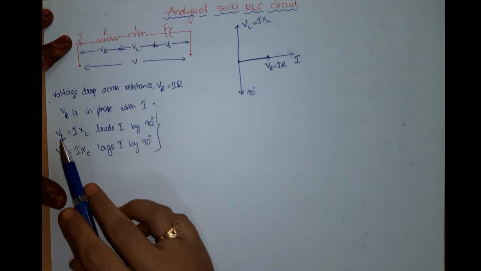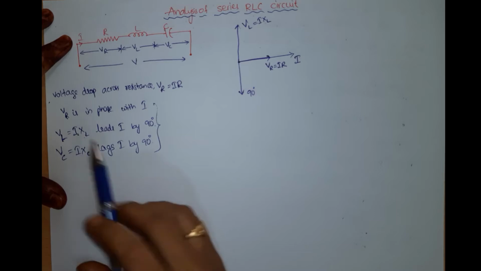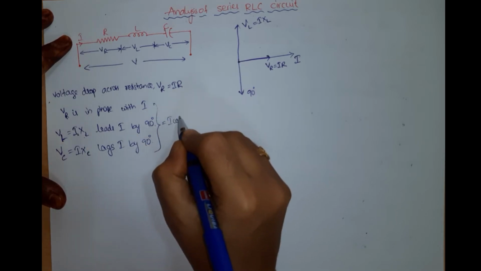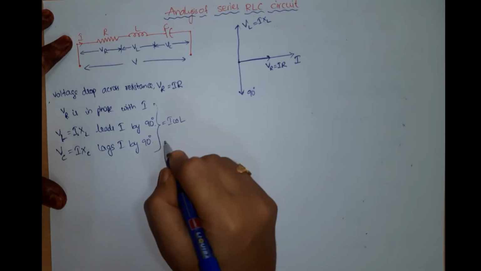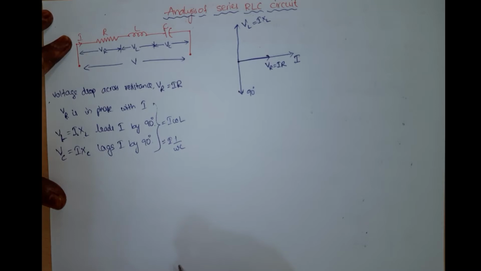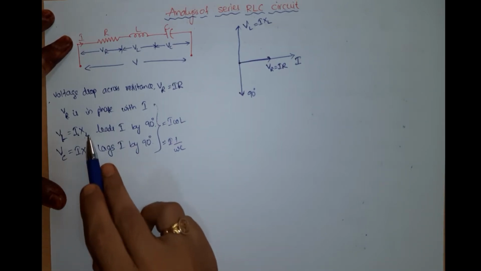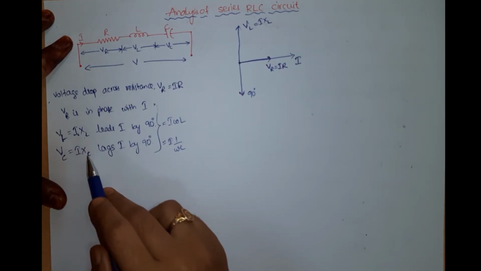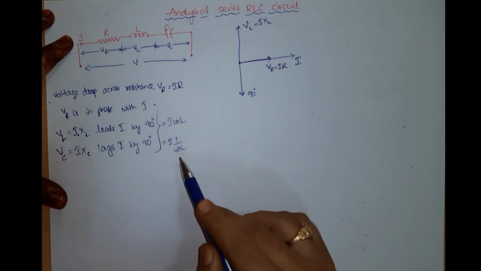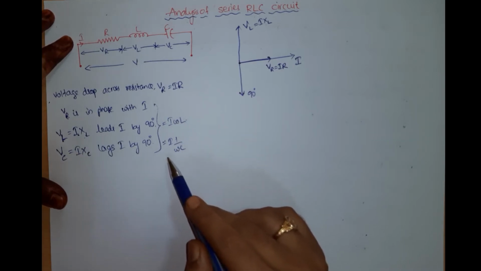So I know that VL is IXL, that is I into omega L. This is I into 1 by omega C. So these two magnitudes may be different, they may not be the same. The value of VL or VC depends upon the values of L and C and f. Right?